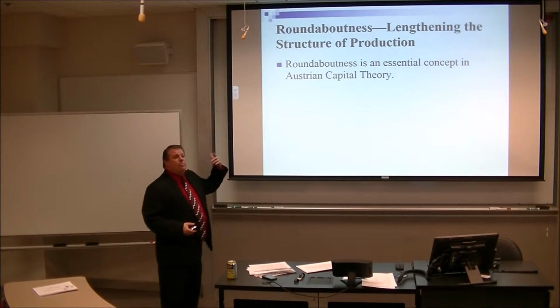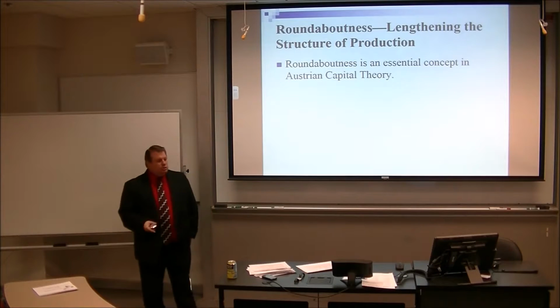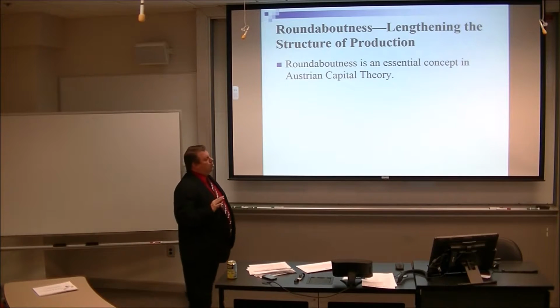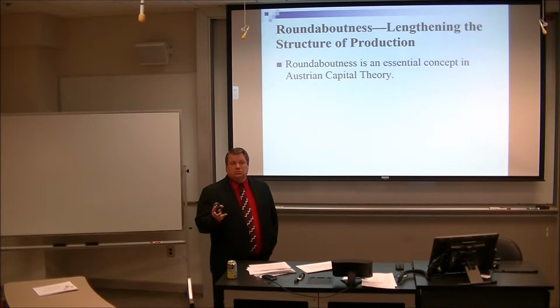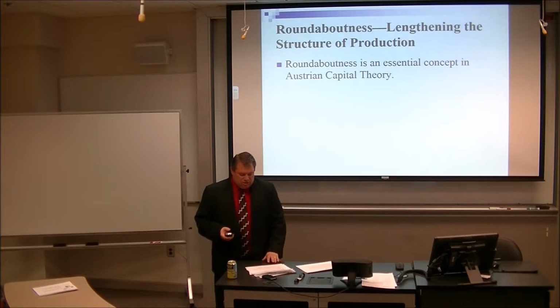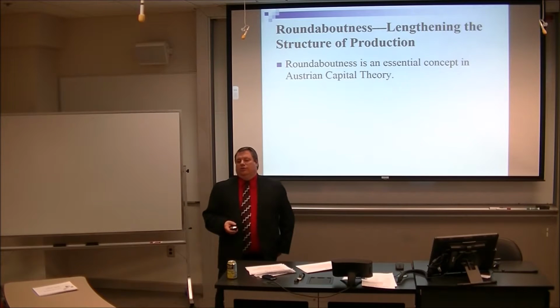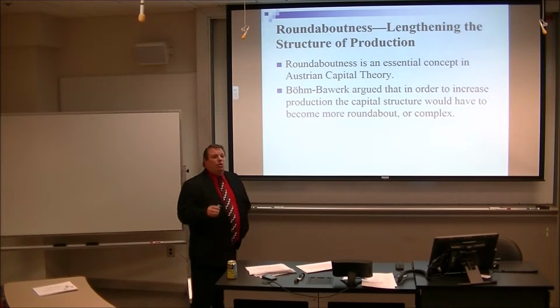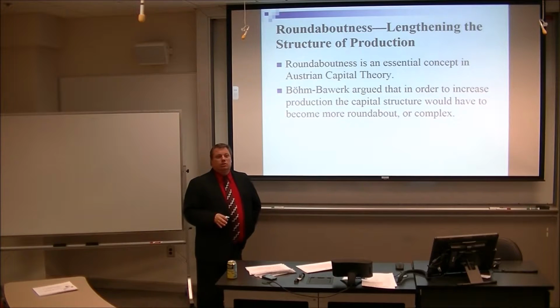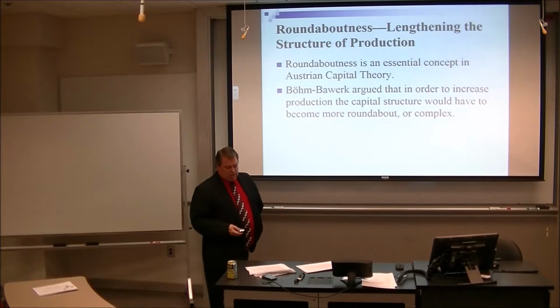Okay, so roundaboutness is sometimes called lengthening the structure of production or making it more complex. So this idea is an essential concept in Austrian capital theory. So Baumgartner argues that in order to increase production, the capital structure has to become more roundabout or complex.